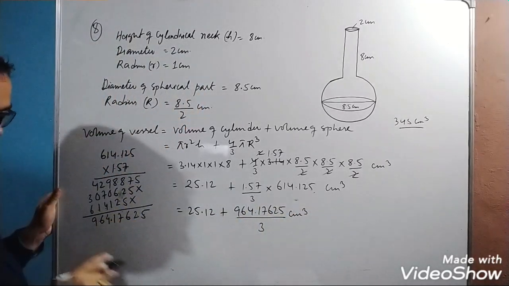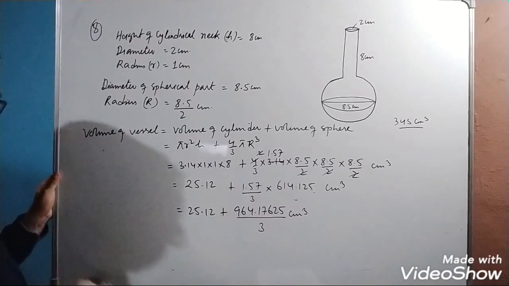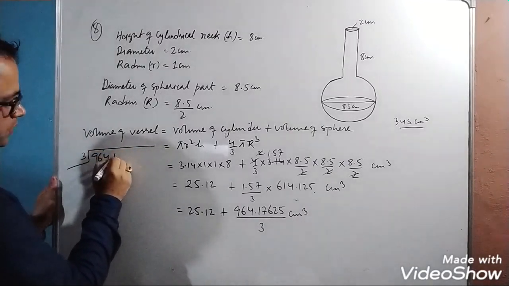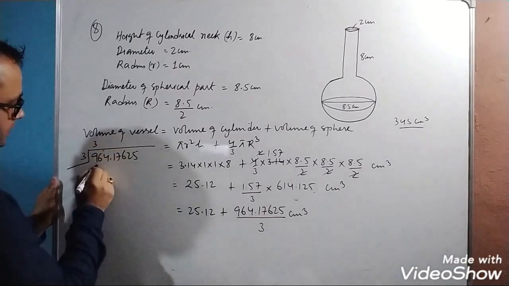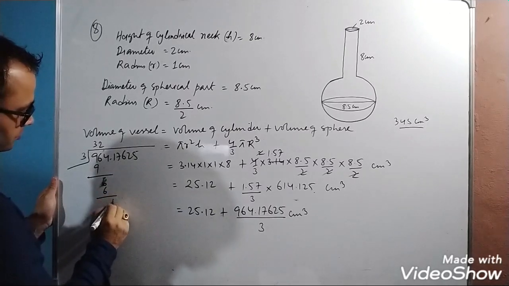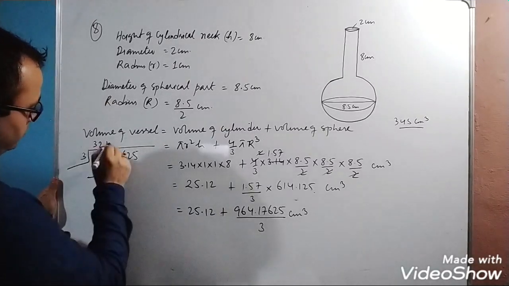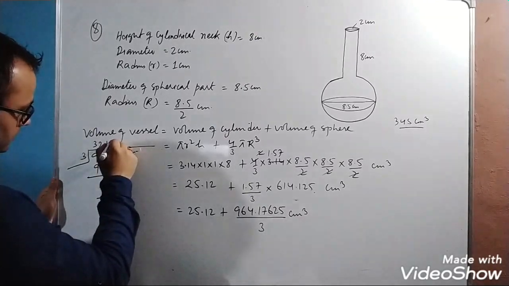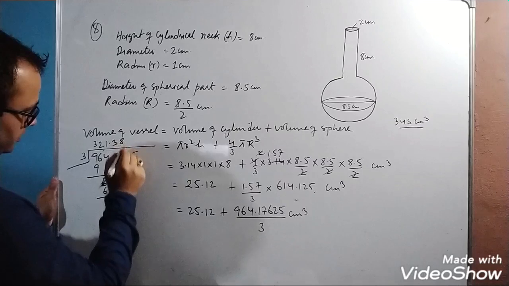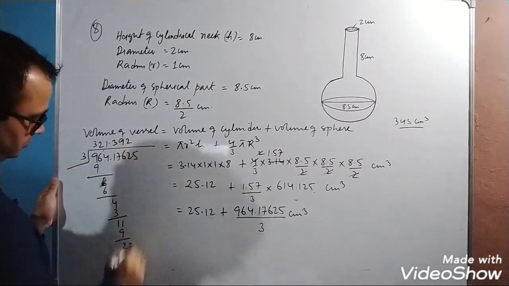Now divide 964.17625 by 3. Okay, leave it.